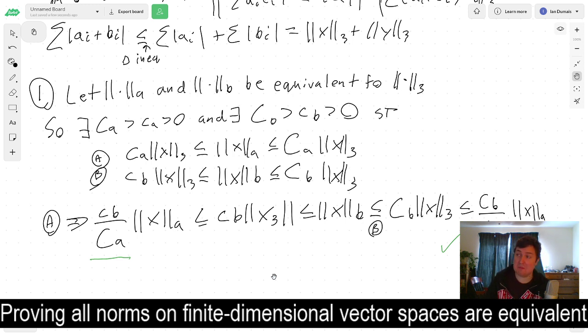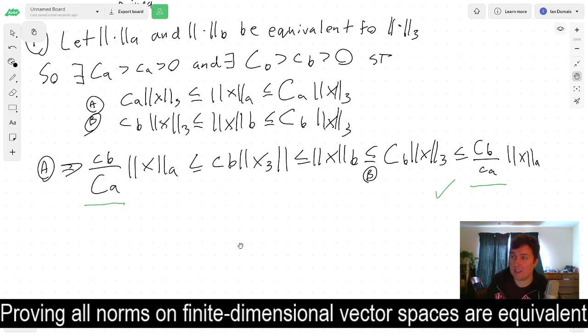Because of this transitivity of equivalence, we're only going to have to show at the end of this that norm 1 is equivalent to norm 3. Because it's a generic norm, if we can show it's equivalent to norm 3, then we would use the exact same method to show that another generic norm 2 is equivalent to norm 3. And this result tells us that norm 1 and norm 2 are equivalent. So if I can show that norm 1 is equivalent to norm 3, we're done.